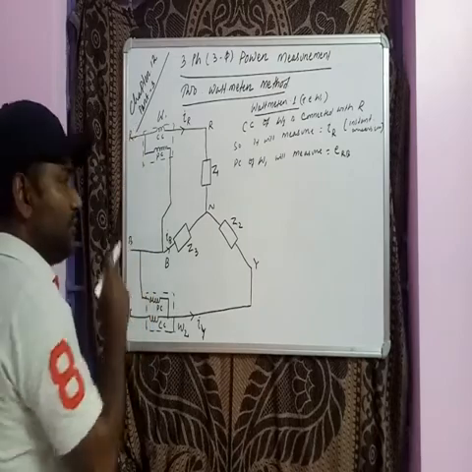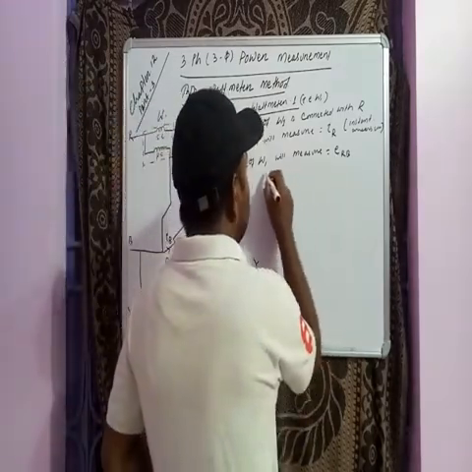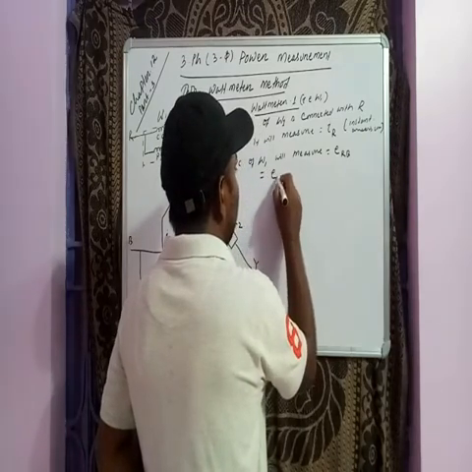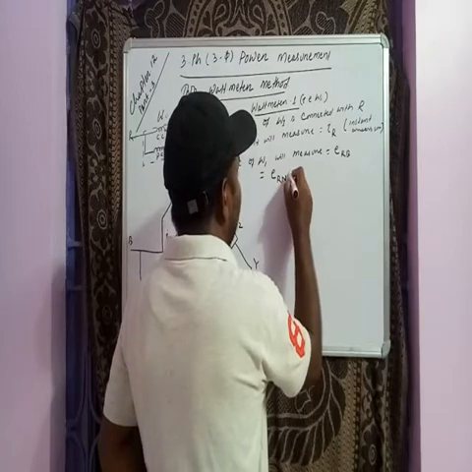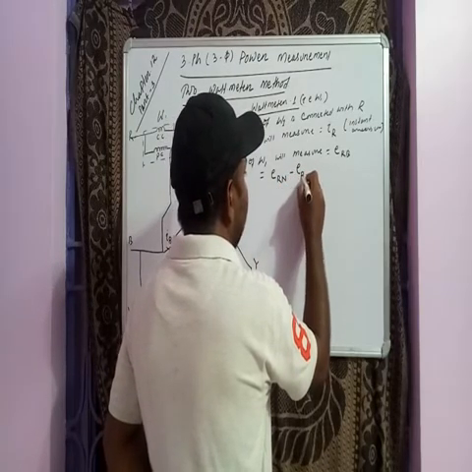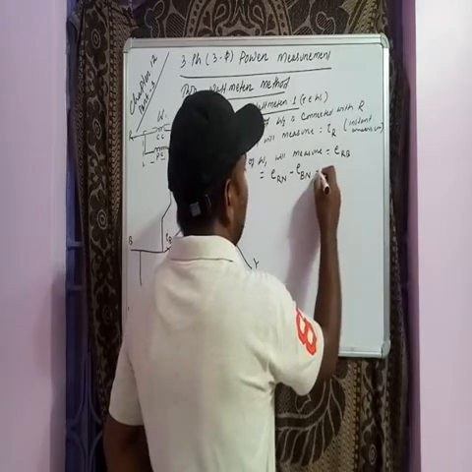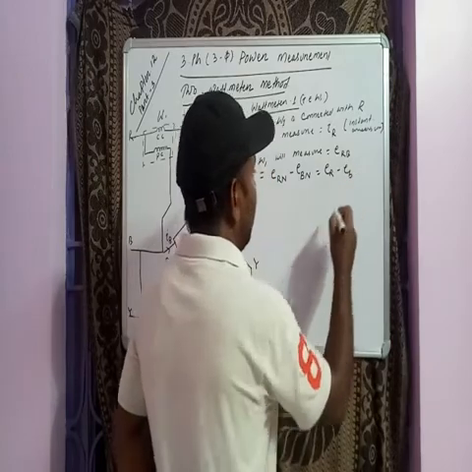So the potential difference between RB, let it be ERB, or it is ERN minus EBN, or we may write it simply as ER minus EB.